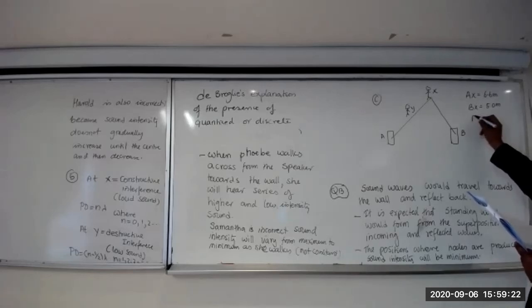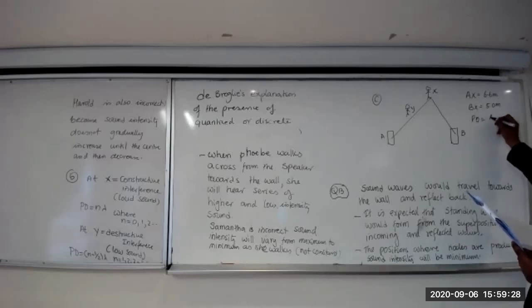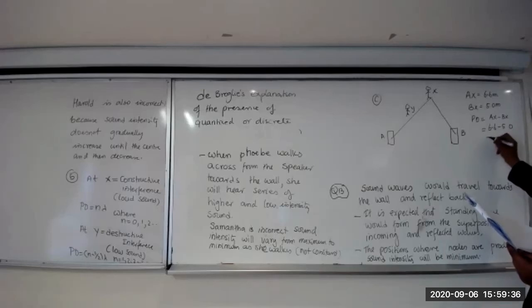So the path difference here, guys, should be AX minus BX, which is 6.6 minus 5, which is 1.6. So 1.6 should be a multiple of the wavelength.